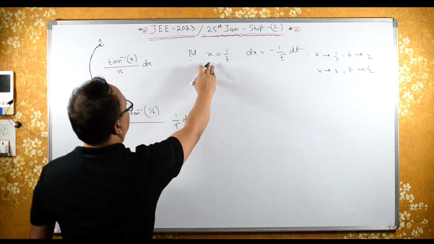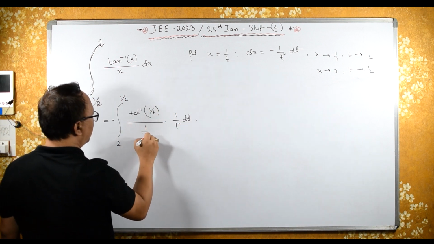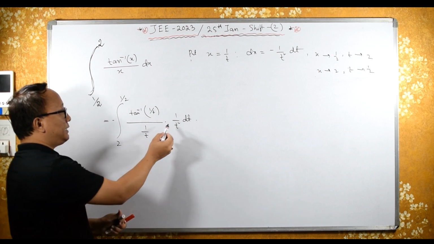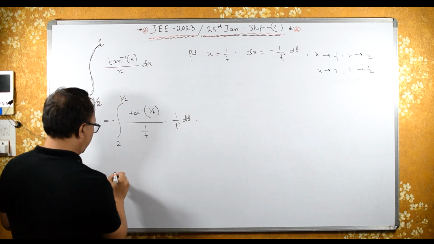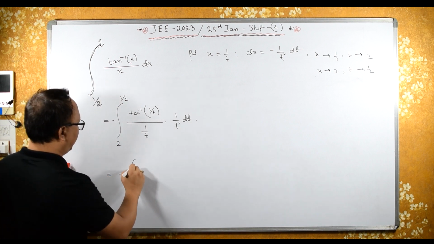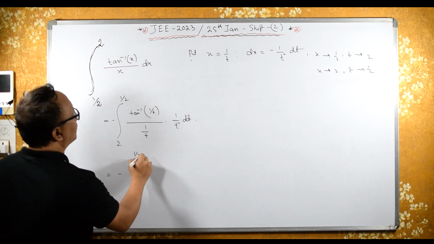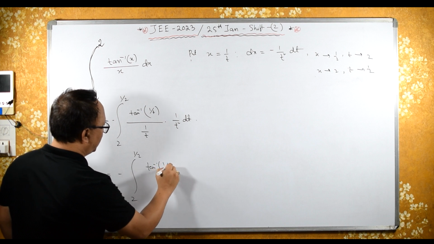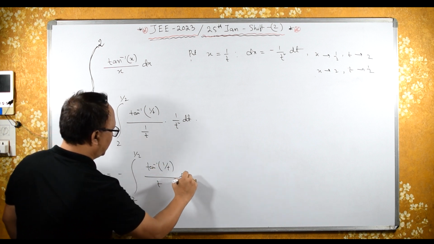X in terms of t is 1 by t. Now this t and this t, one t gets cancelled. So I can write this as minus integral from 2 to half of tan inverse 1 by t, here I will get t dt.